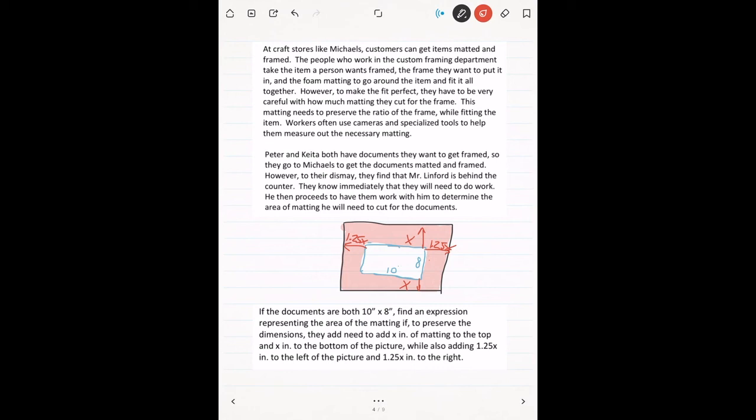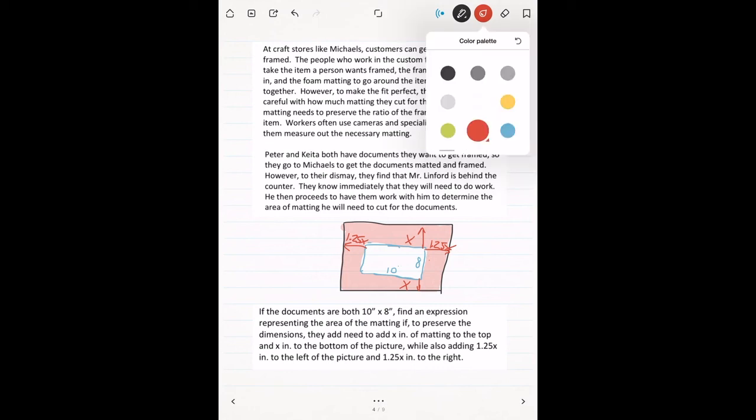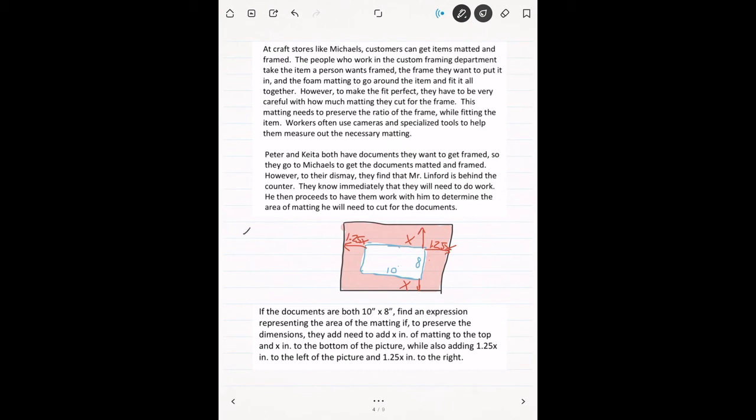Now, when it comes to finding the area of an unusual shape, especially something that has a hole in the center, the trick for us is to find the total area, the area of the larger shape.